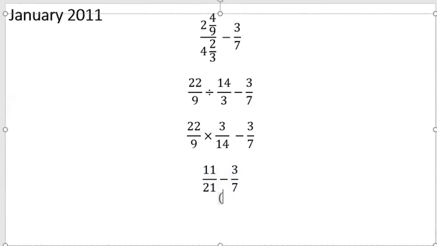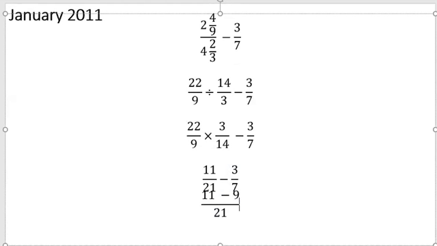And find our LCM, and that will be 21. So we can say 21 into 21 goes 1 time, 1 times 11. 11 minus 7 into 21 goes 3 times, 3 threes 9.